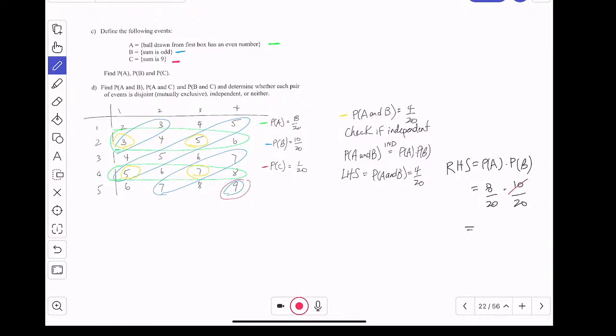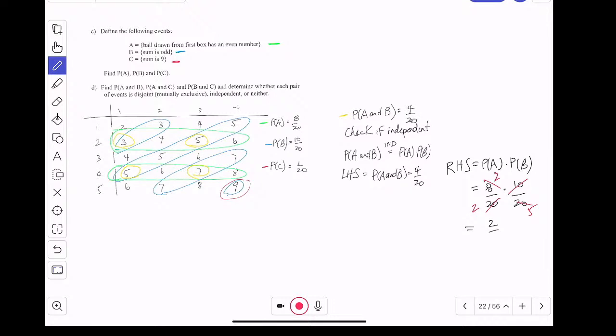So this will cancel with that and leave 2. And this will cancel with that and leave 2, and 5. So we end up with 2 out of 10.